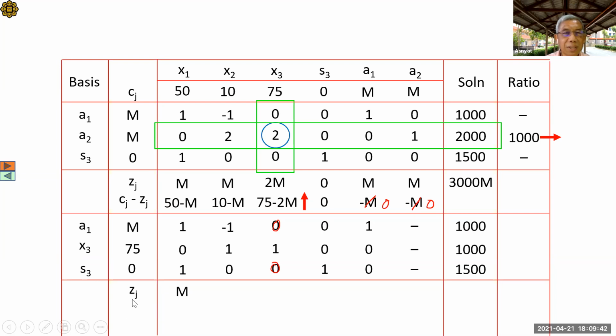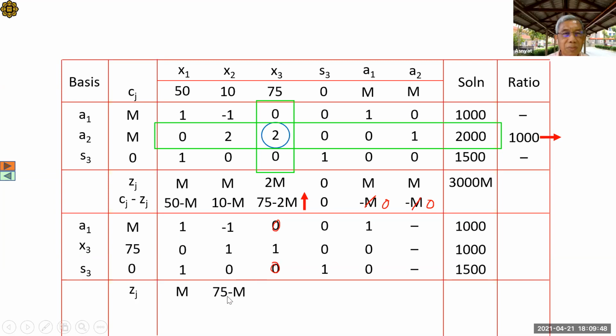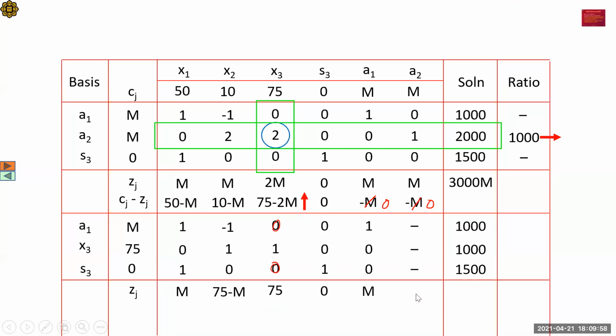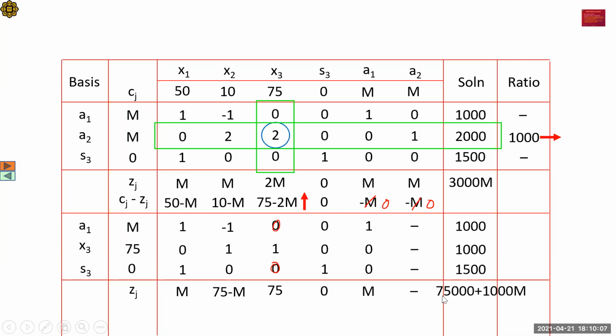Then the same goes here. Here M, here is 75. 75 minus M, 75. Here 0, M. Here nothing. How about here? 75,000 plus 1,000M.